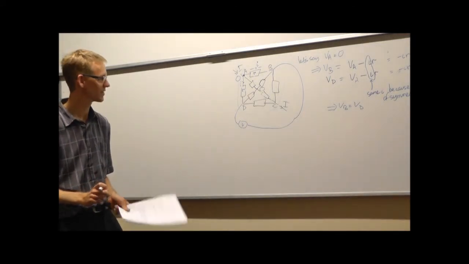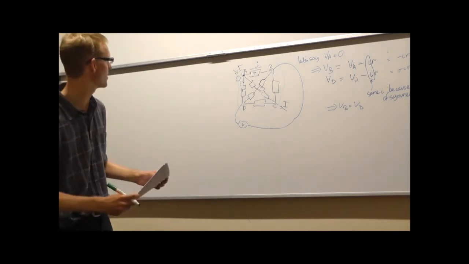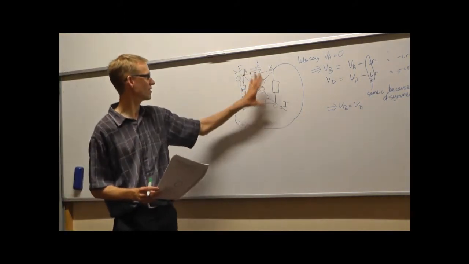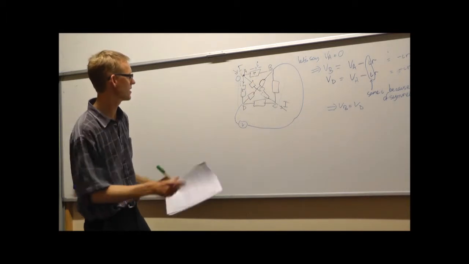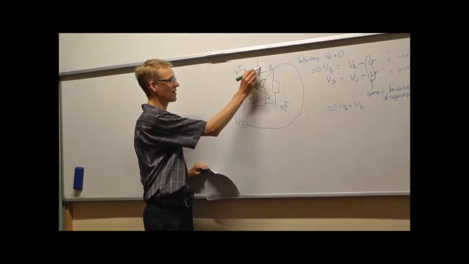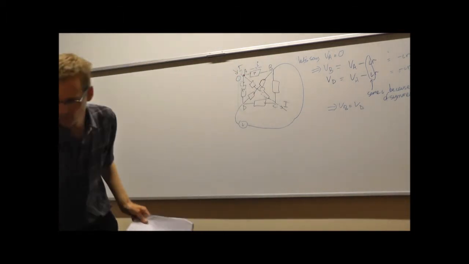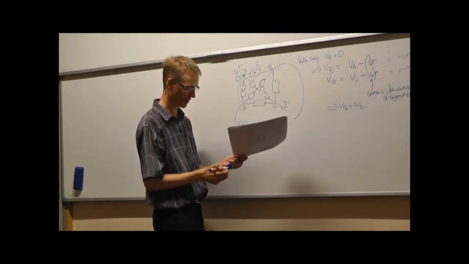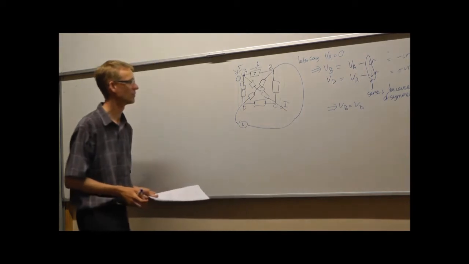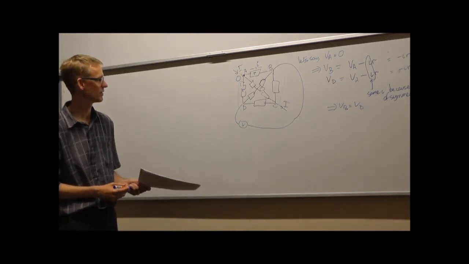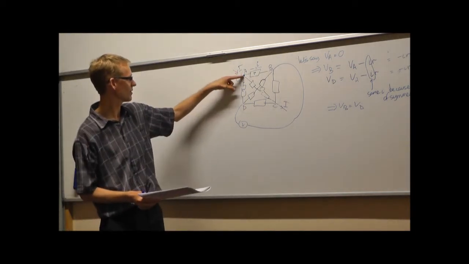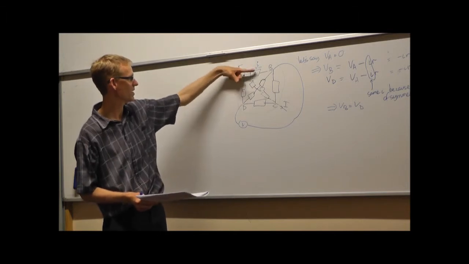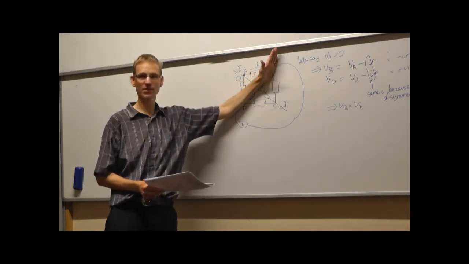So let's just, again, follow symmetry, and think, what are our currents in here? Let's say we've got a current I flowing that way. Now, by symmetry also, looking at this point here, we've got I that way, I that way. We've got a line of symmetry this way.